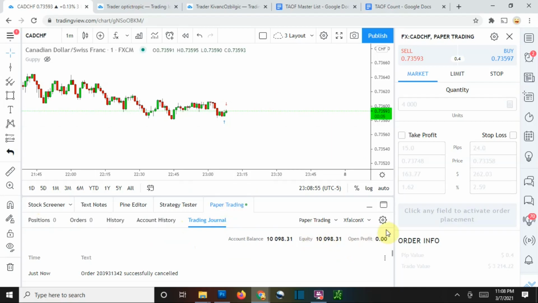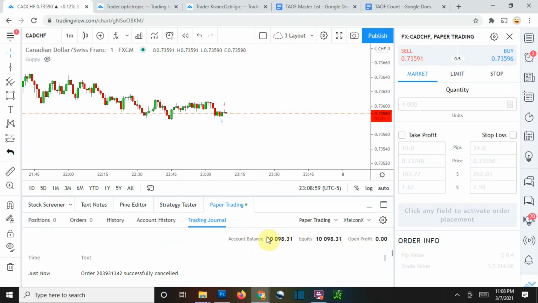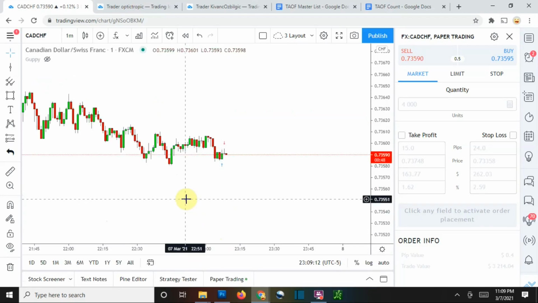You can go over here and go to settings. You can set the account balance to whatever you want. You can set the commissions and so on per trade if you want to do a set commission per trade.